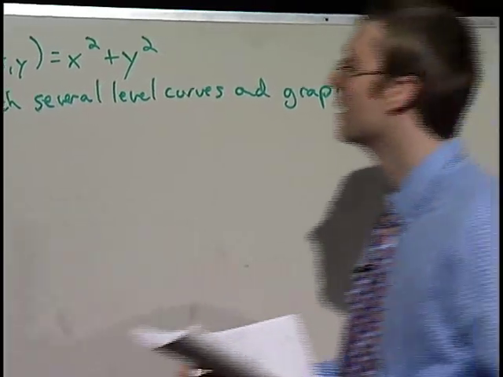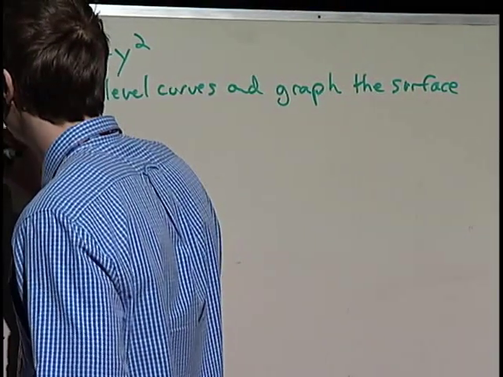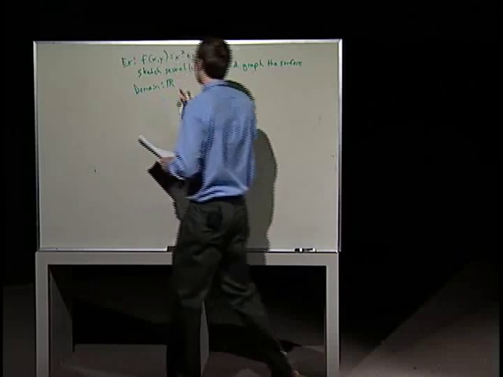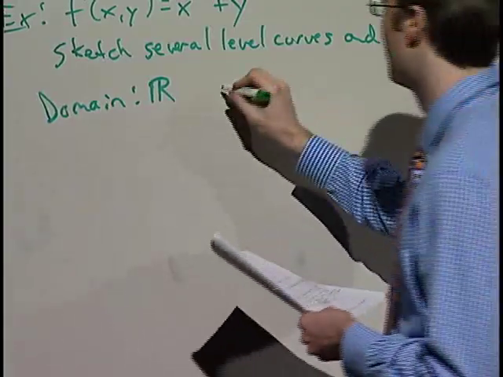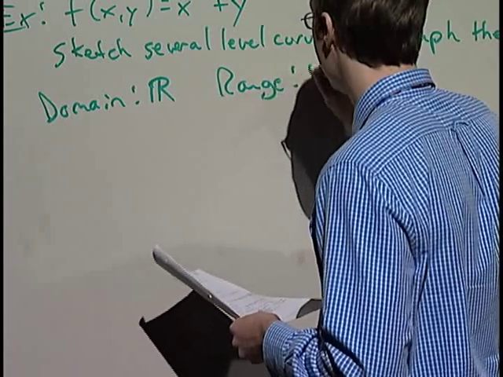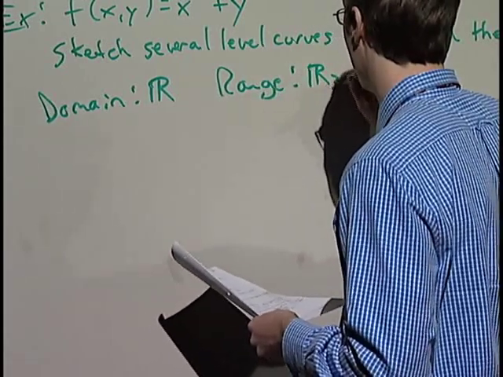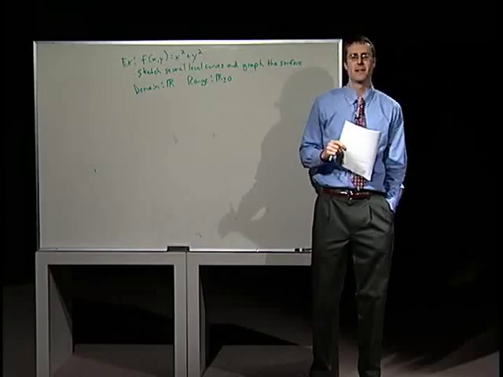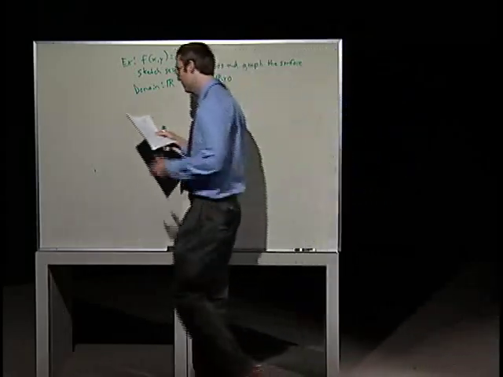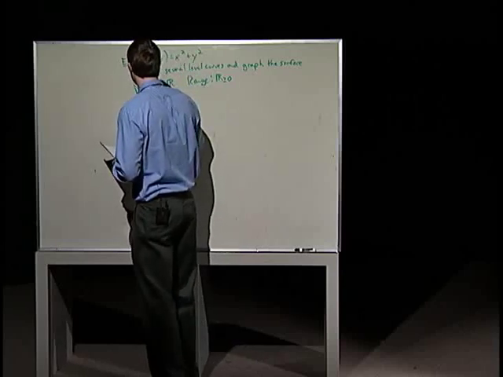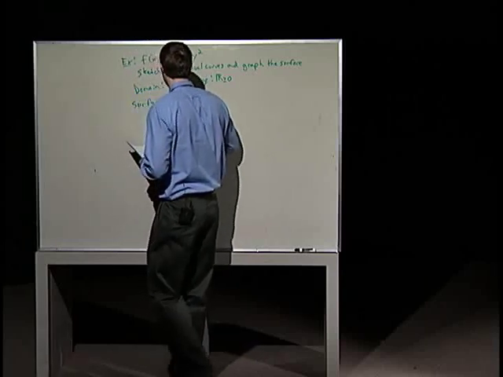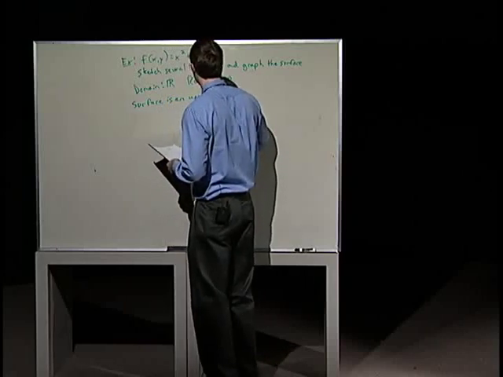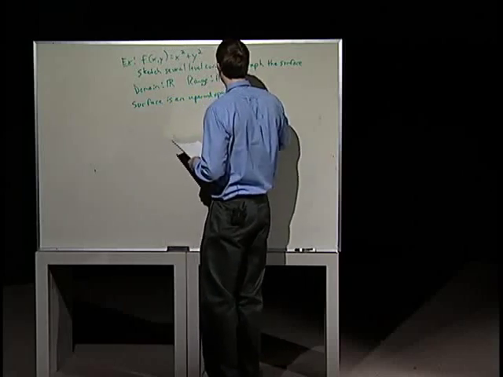Okay, so first things first, domain and range. Well, the domain is all of R squared. There's no restrictions there. The range is going to be R greater than or equal to 0, because when you add up two squares, you can only get something that's 0 or bigger. So this thing will lie entirely above the xy plane in 3-space. Okay? So we know the surface, like I said earlier, is an upward opening paraboloid.